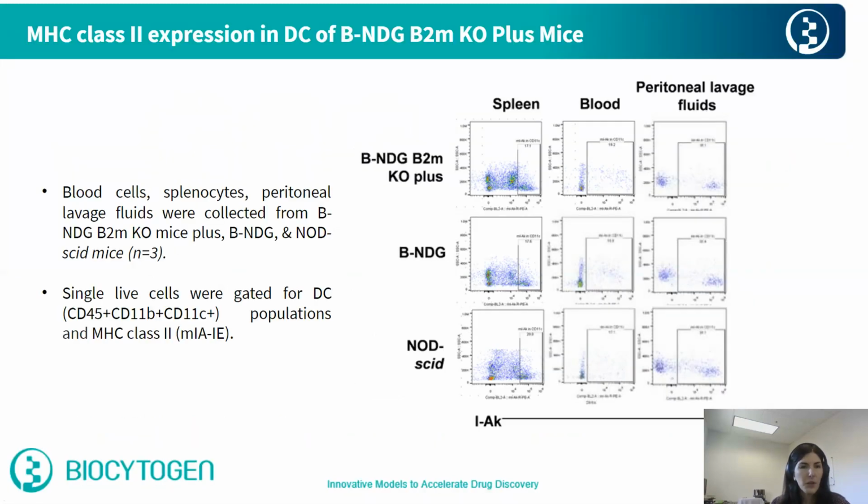We also confirmed that MHC class 2 expression in dendritic cells was intact, as you can see on the right side. In this case, the dendritic cells were gated by CD11B and CD11C expression. And we can see that MHC2 expression is unaffected compared again with the parental strain in the not-skid mice.